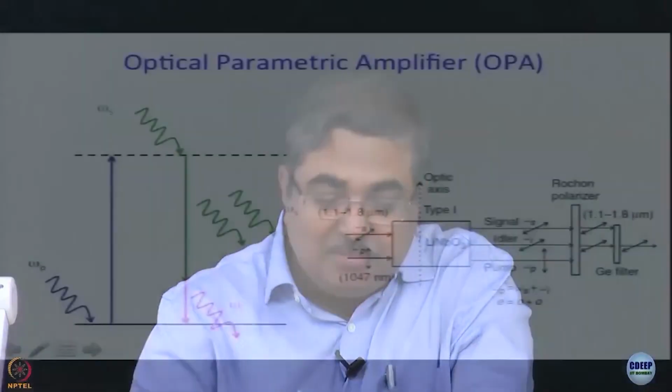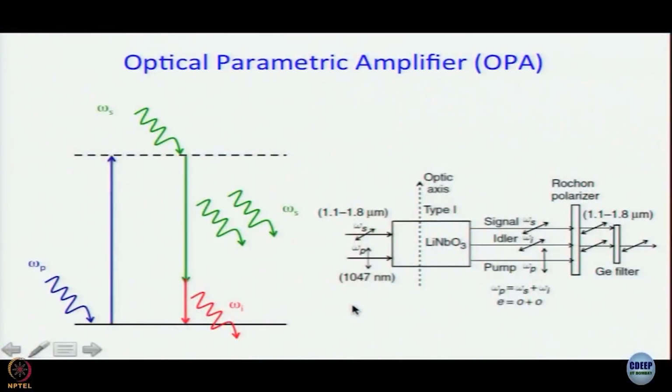So, here in this system that we are discussing, actually your pump and signal have not very different energies. Now, the thing to note is the difference in polarization and that has a role to play later. The pump is vertically polarized, the signal is horizontally polarized. Okay. And the idler you will produce, you are using lithium niobate.